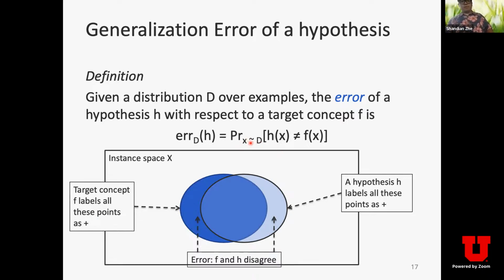Because your prediction is based on instances generated by the data distribution D, obviously this probability is also determined by D. So this is a fixed constant. Although it's very hard to get the exact value of this constant, it is fixed, because it's a probability.